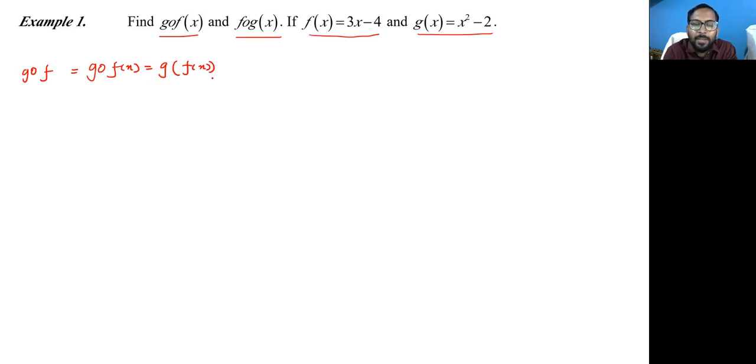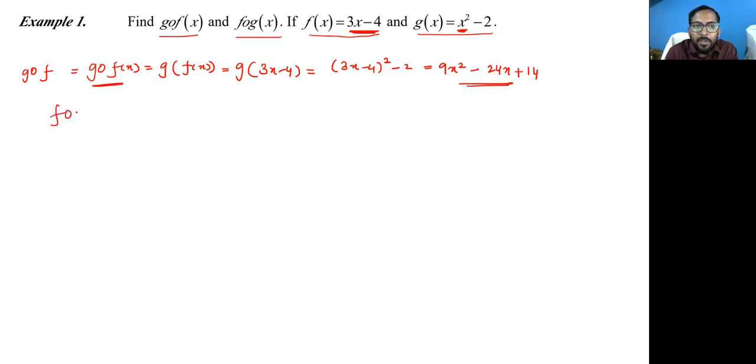All of these mean the same. We need to put the complete f of x in place of x in the function g of x. So g of 3x minus 4 equals (3x minus 4) whole square minus 2. After expanding, we get 9x square minus 24x plus 14. This is the value for g of f of x.